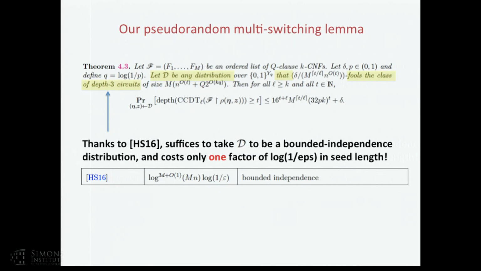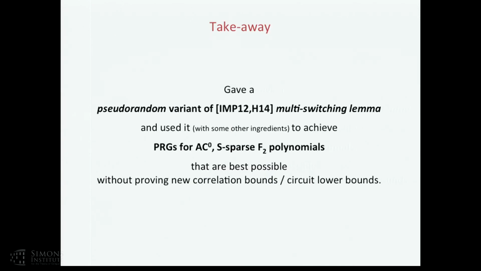Okay. So the takeaway, I think I'm out of time, is that there's a techniques-oriented takeaway and a results-oriented takeaway. The technique was developing a pseudorandom analog for multi-switching lemmas of Luca's pseudorandom regular switching lemma.